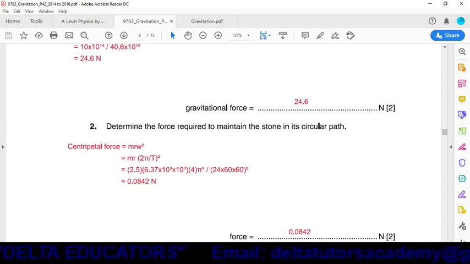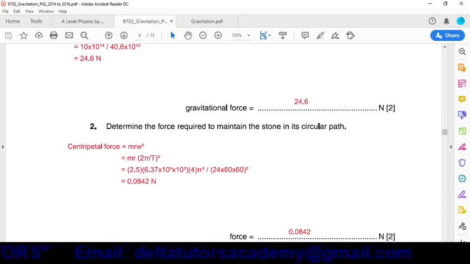Second question, second part. Okay, determine the force required to maintain the stone in its circular path. Okay, the object is moving in a circular path. It means it is experiencing a force that is called centripetal force.